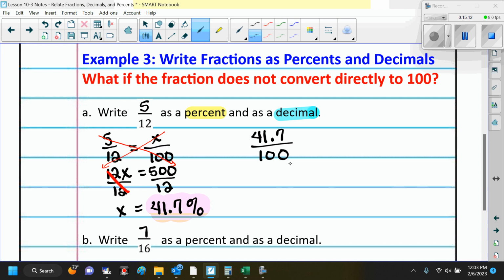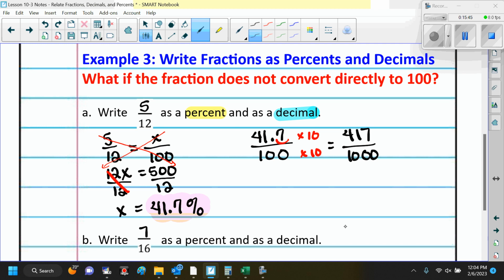How do I change 41.7 to a whole number? We're going to move this decimal to the right one time. If I move the decimal to the right one time, what am I multiplying by? 10. Very good. So here we're going to multiply times 10. Is everybody with me? This is going to give me 417 over 1,000.